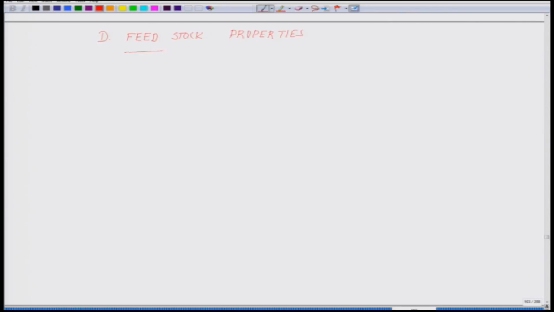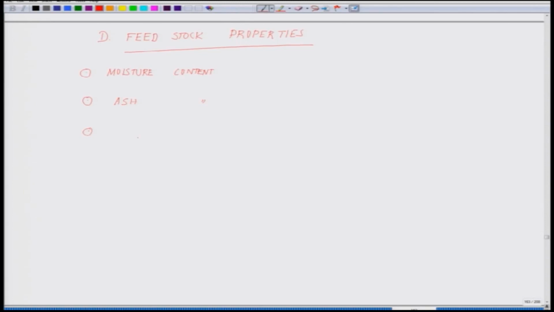So, the different feedstock properties we will be dealing with, there are 4 of them. Again, the first one will be the moisture content. Next, we will be dealing with ash content.